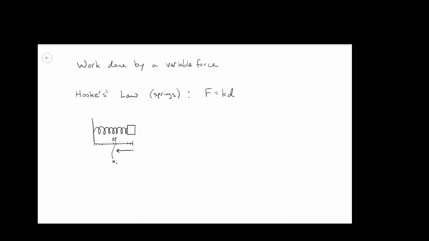So the work required to compress the spring a distance of delta x, what would that be? Let's just assume that the force is constant. So the work is the force times the distance, right? Force times distance. So it's just going to be the force times the distance, which is just delta x.